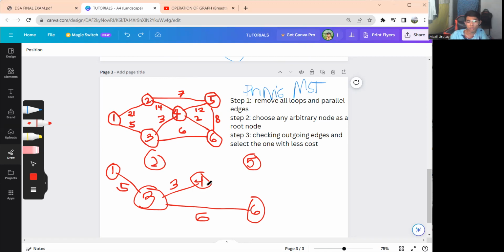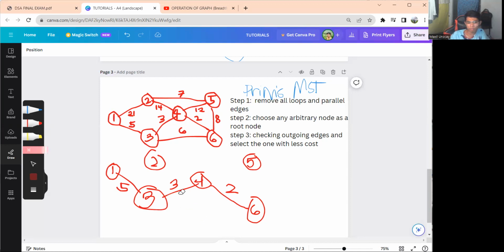All right. So let's go for the 4. There is 4 to 6, which is number 2. So with that, we choose 2 because it is smaller. Therefore, 6 from 3 we will not include.